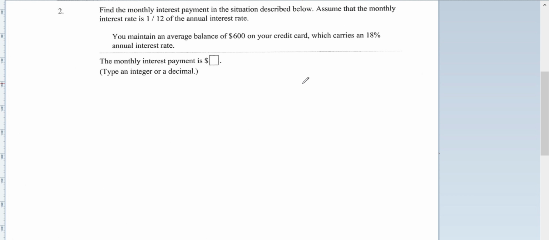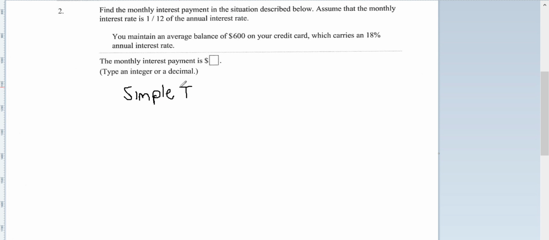Okay, how about problem 2 now? Problem 2 has a formula here that we need. It says find a monthly interest payment in the situation described below. Assume that the monthly interest rate is 1/12 of the annual interest rate. It does not mention the word compound, so what we're looking for is simple interest.